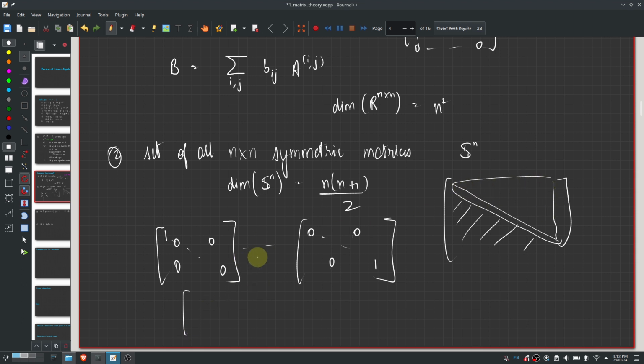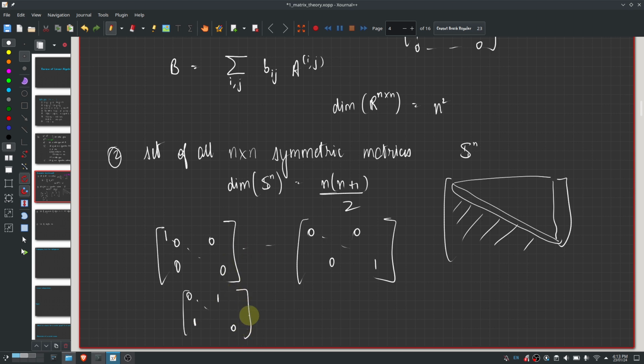And for the off diagonal entries, I can take all the diagonal entries equal to 0 and one of these off diagonal entries equal to 1. Right? If I fix the i comma jth entry to be equal to 1, then since this should also be a symmetric matrix, the j comma ith entry should also be equal to 1 and all of the other entries are equal to 0.